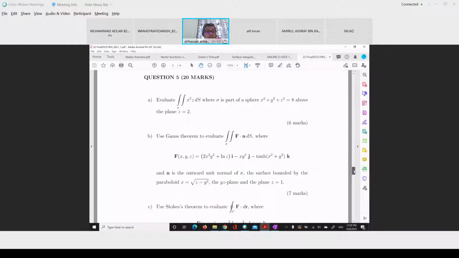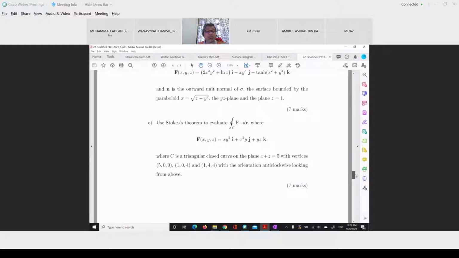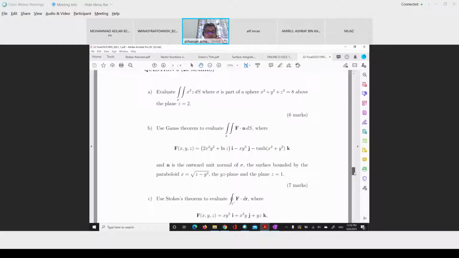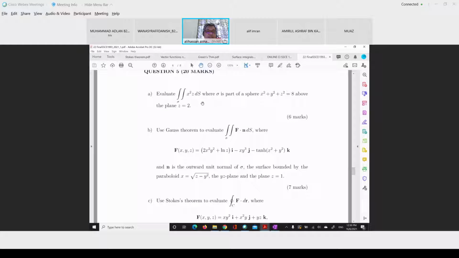And then part C is Stokes' theorem. The evaluation of this line integral using Stokes' theorem, and the surface is described here. It's a triangular closed curve on the plane with vertices. So certainly there will be a question on Stokes' theorem, and also here the evaluation of a surface integral.